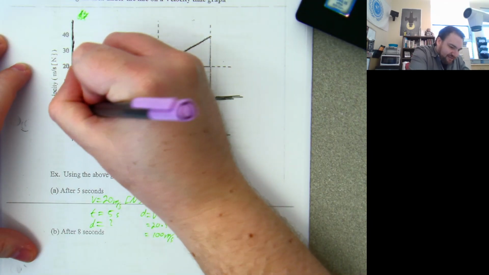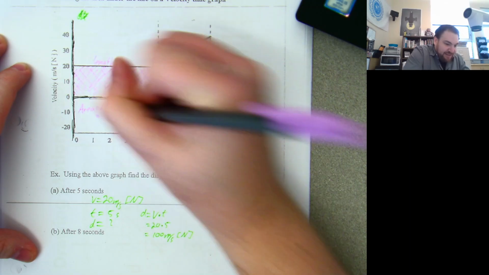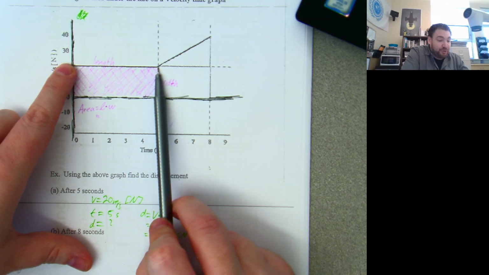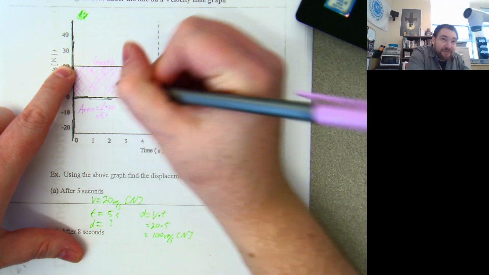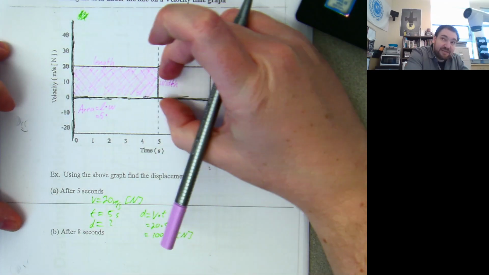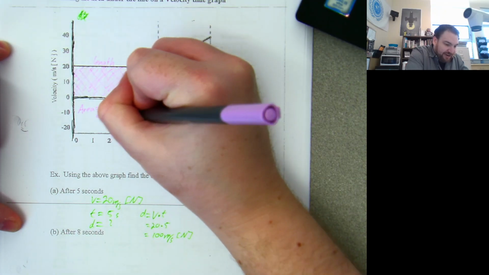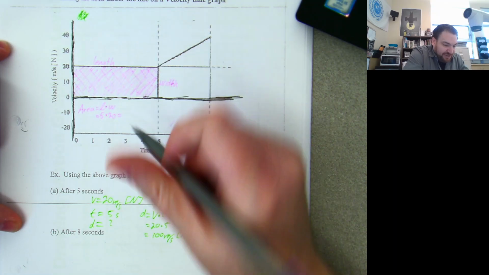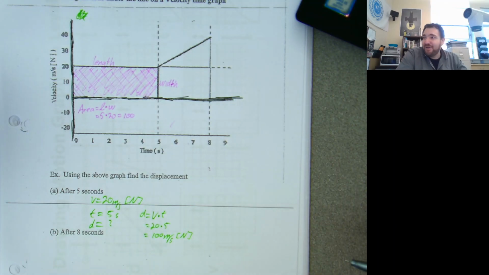The length of this rectangle, using the axes, is 5. The width of the rectangle is this gap here, that's 20. The area is equal to the length times the width. That's 5 times 20, which is 100. By finding the area of that shape, what have we just done? That's the exact same calculation I did down here.